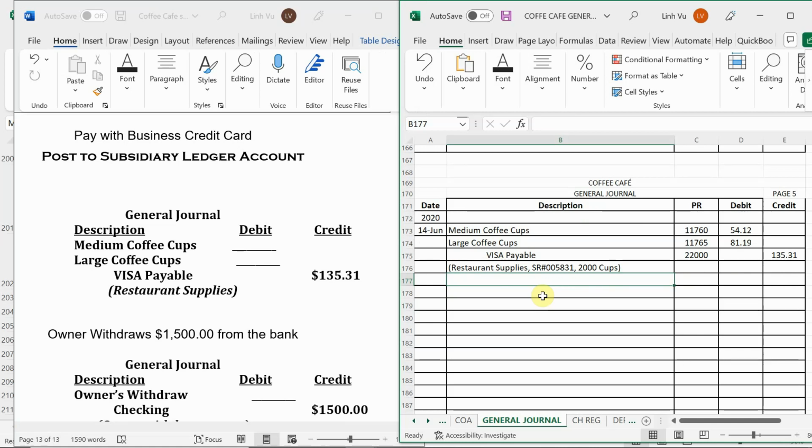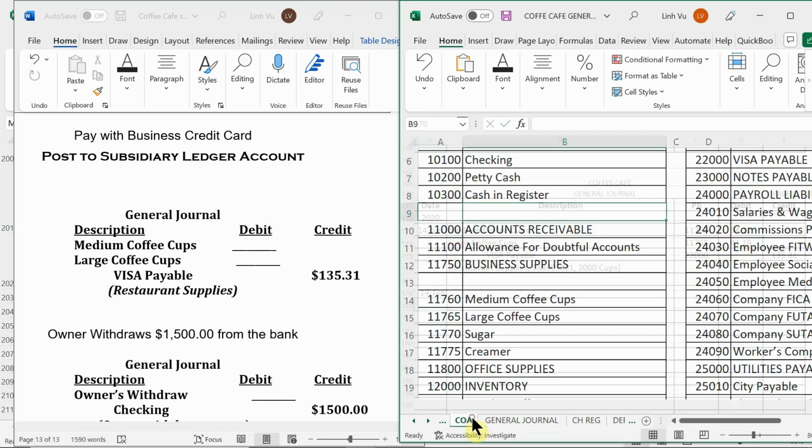It's his money. He owns the company, so he has every right to take the money whenever he'd like. So in this case, he's withdrawing money from his company, he is doing an owner's withdrawal, right?